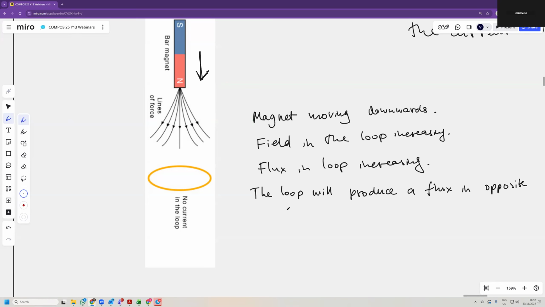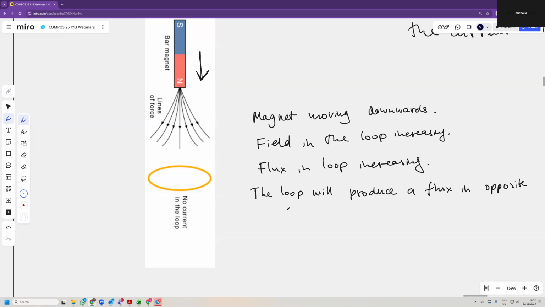And so let's see what happens. The magnet is moving down. There's a downwards field. This is the field of the magnet. And the coil would produce a field in the opposite direction. Field of the coil.